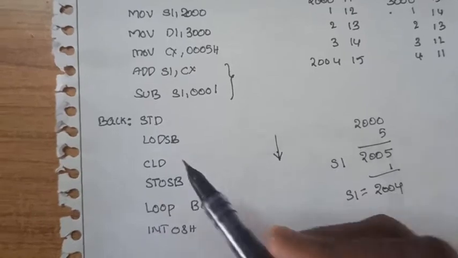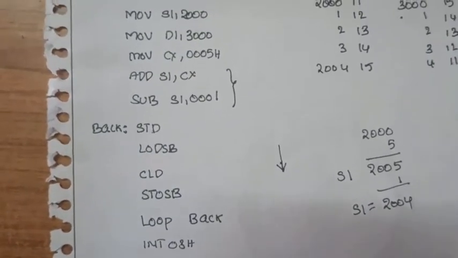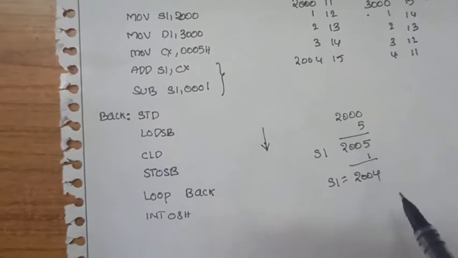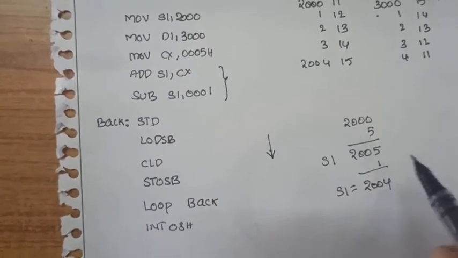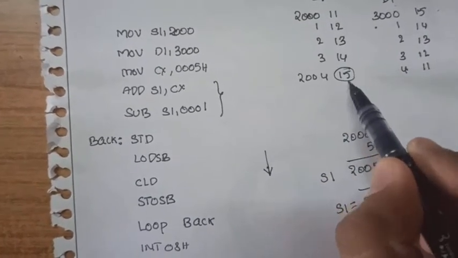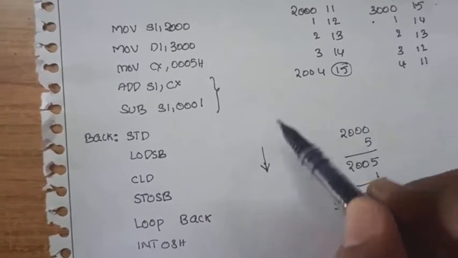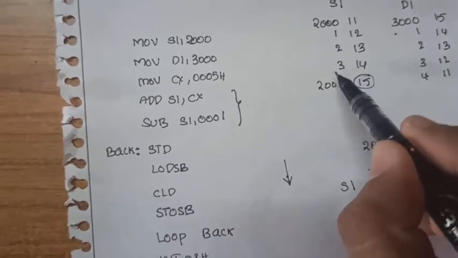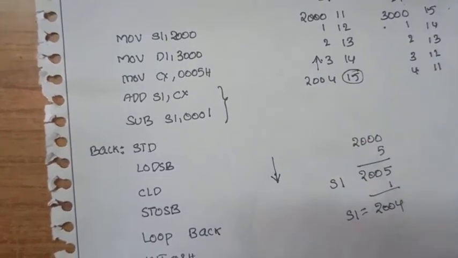So LODSB loads a byte of data from the source. What is the source value? Now 2004. When LODSB is given, it loads 1 byte of data, which is 15, and then observing the direction flag, it decrements the address.